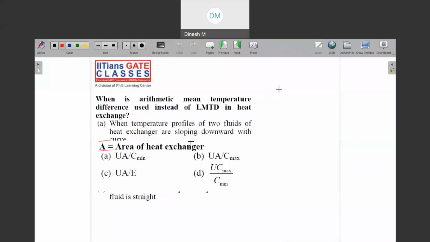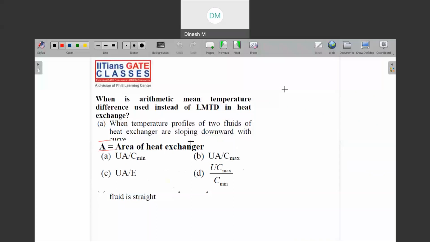So which option says this one? It has given options in terms of temperature profiles of the two fluids. We also learned that the temperature difference was remaining constant, like delta Ti was delta Te.